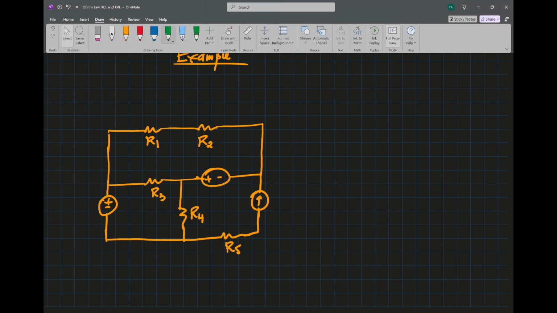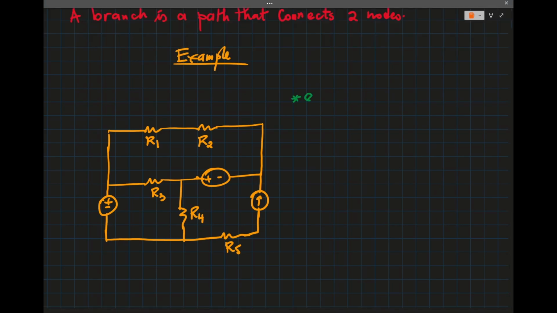So let's talk about the nodes. Let's define essential node. An essential node is where two or more elements meet, or adjoin.